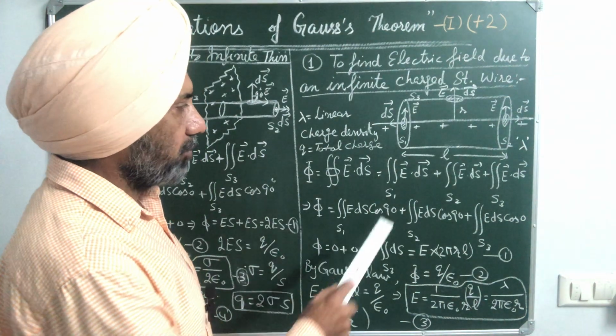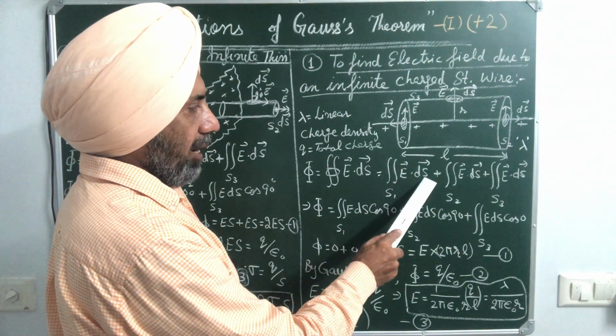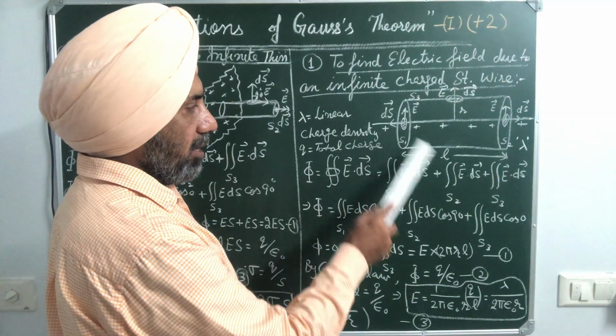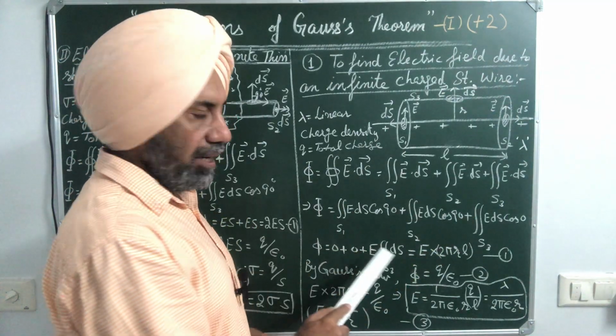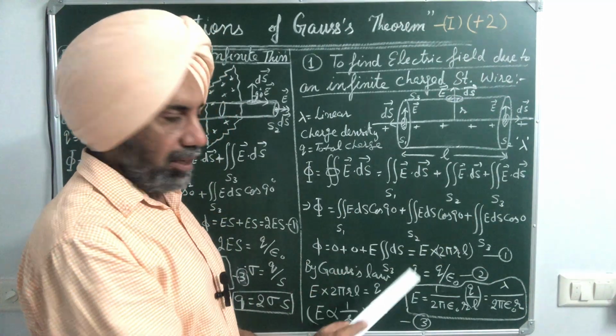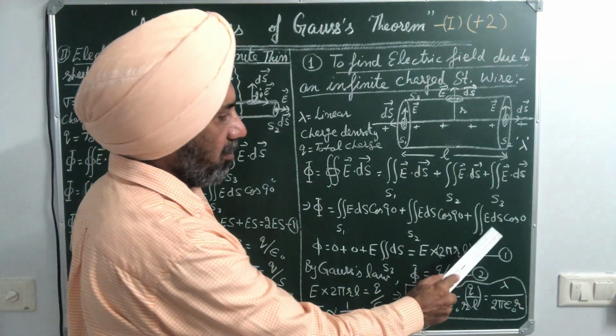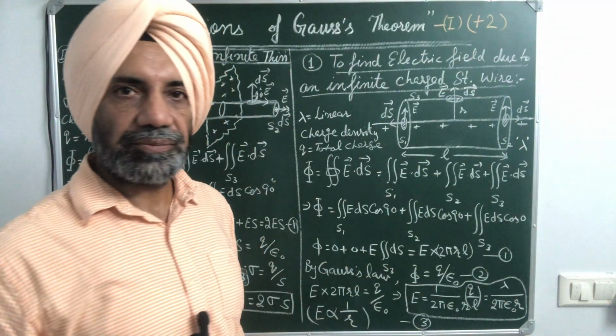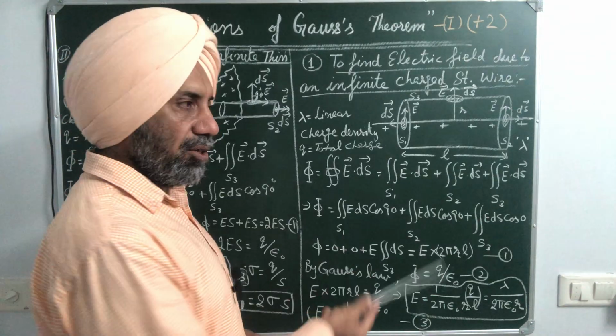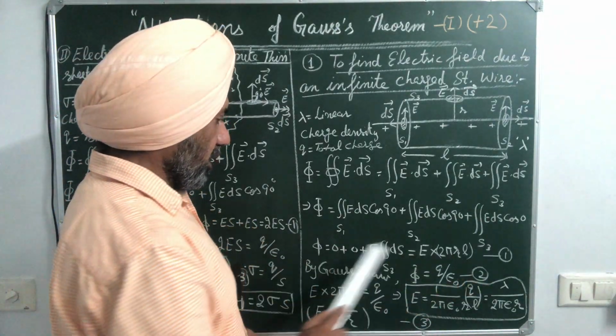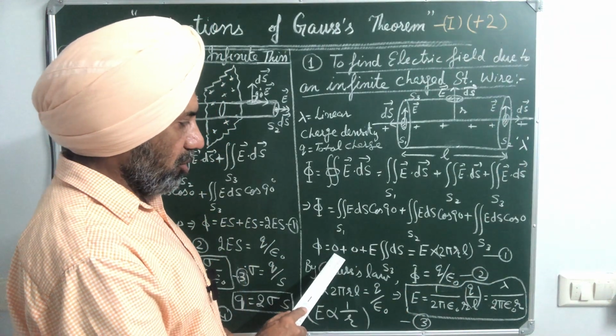Now the angle between E and ds over S1 and S2 is 90 degrees, so it will be E ds cos 90, E ds cos 90, and this will be E ds cos 0. Cos 90 is 0, cos 0 is 1. Therefore phi is equal to 0 plus 0.